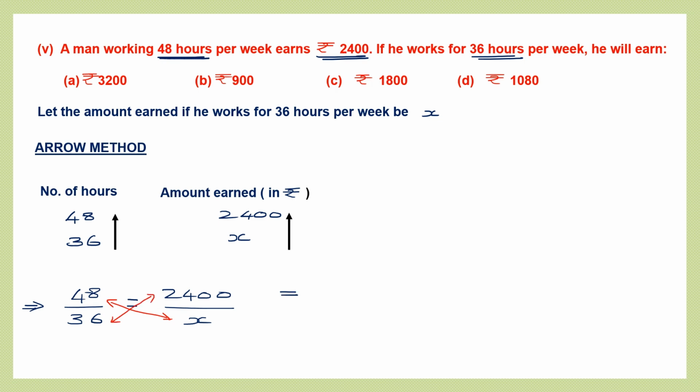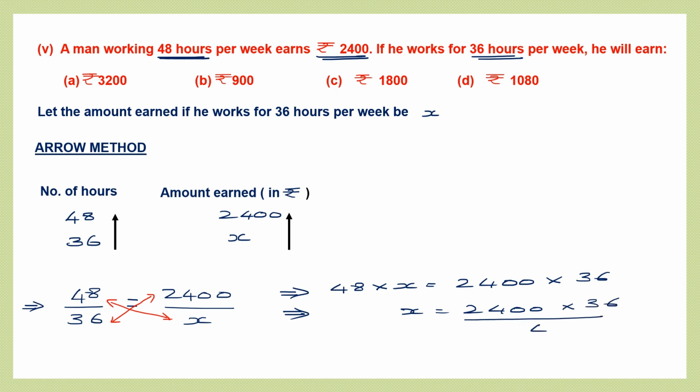So what do we get when we do that? We get 48 into X is equal to 2400 into 36. Now we can find the value of only X. We can say 2400 into 36 divided by 48.